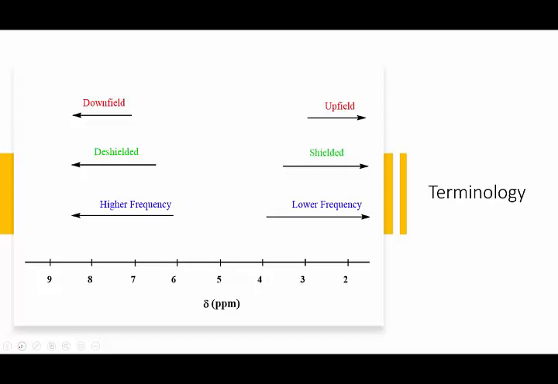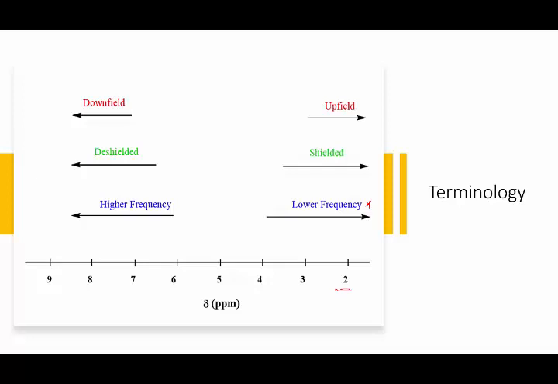Now, some terminology, we're going to be talking about upfield, downfield, shielded and de-shielded, and high frequency and low frequency. Those atoms that are still heavily shielded, so their electrons haven't been pulled away, they're going to require lower frequency electromagnetic radiation to cause the spin to flip. Okay, so we're going to see them in this region here of the NMR spectrum.